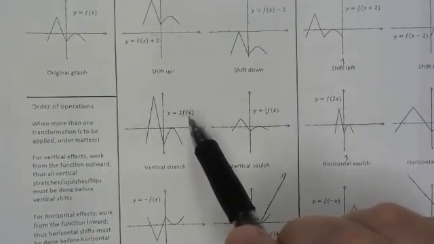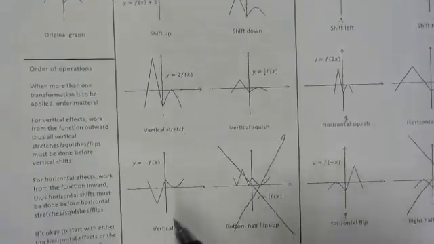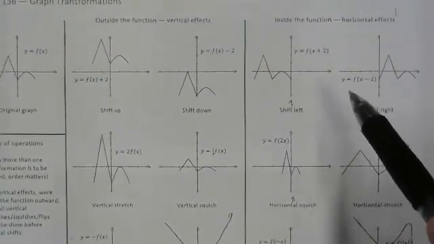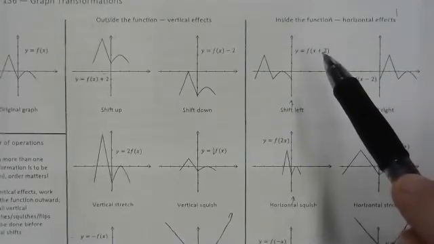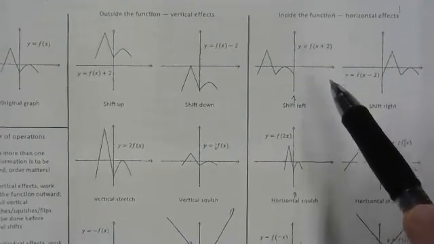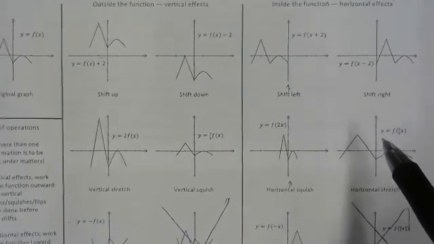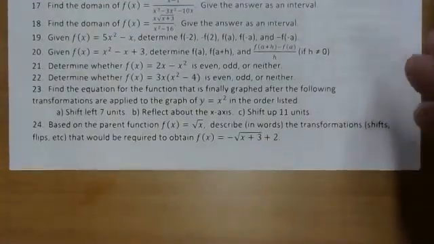You multiply by 2, or by a fraction like 1/2. And then the second column is what happens inside the function. You add something to just the x. You subtract something from just the x. You multiply inside the function by x. So you'll see how this works.